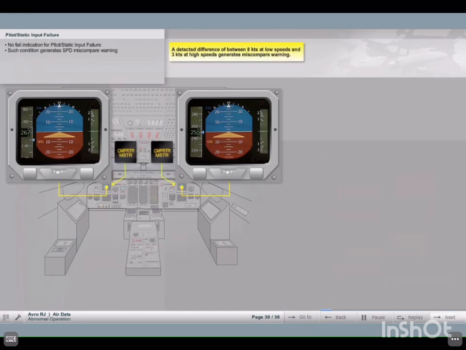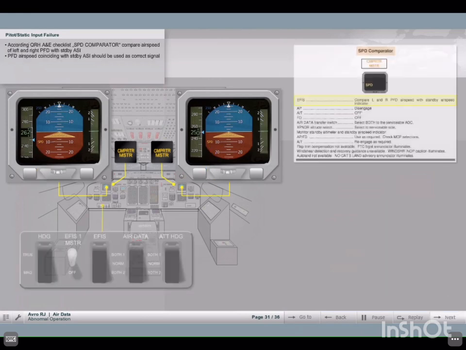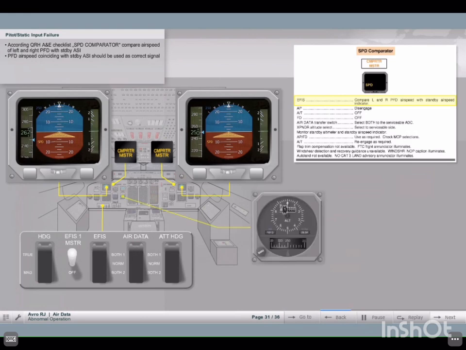There is no fail indication for a fault within any of the ADC's pressure inputs. Such a condition would generate a speed miscompare warning. Again, let's look at the QRH. The A&E checklist comparator first tells us to compare the airspeed of the left and right PFD with the standby airspeed indicator. The PFD which shows an airspeed coinciding with the standby ASI should be used as the correct signal.